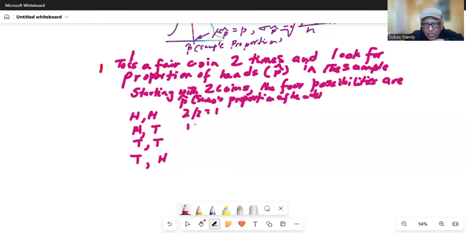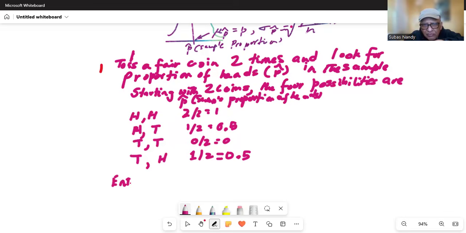Next one, 1 out of 2 is 0.5. Next one, both are tails, no head at all, 0 out of 2 is 0. And the next one, 1 out of 2 is 0.5. So we have four possible values of p hat.